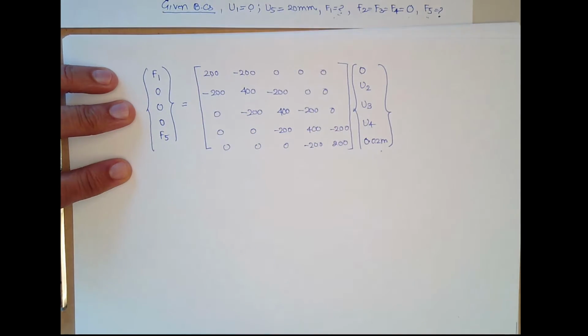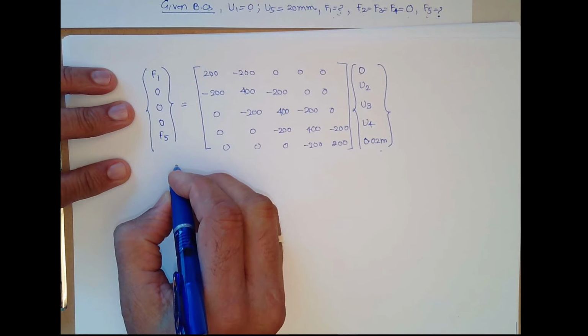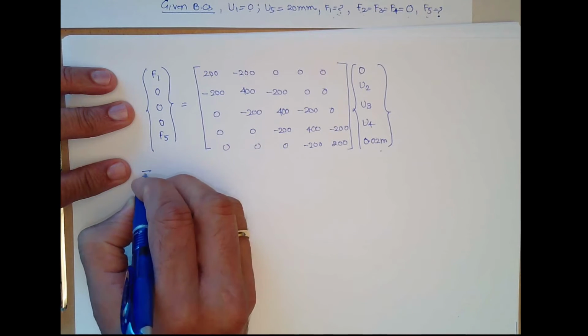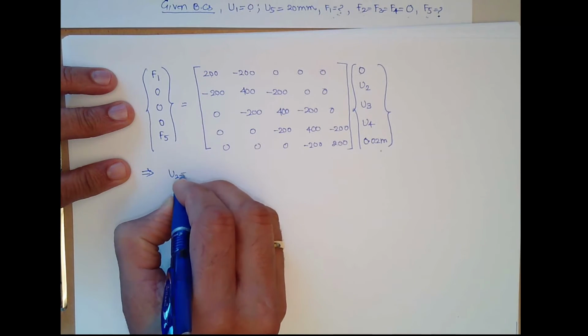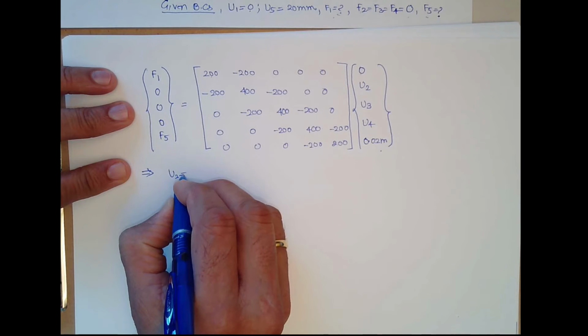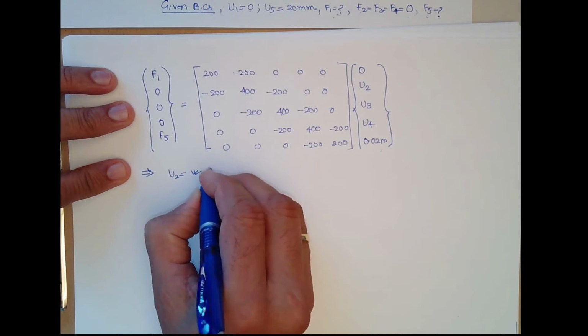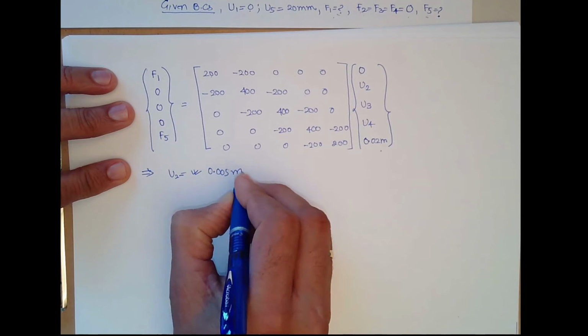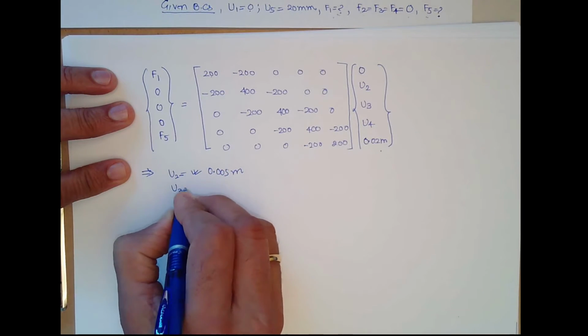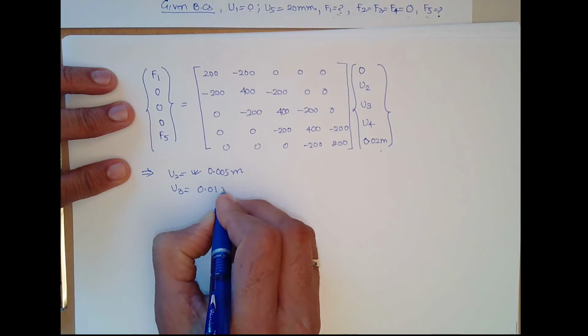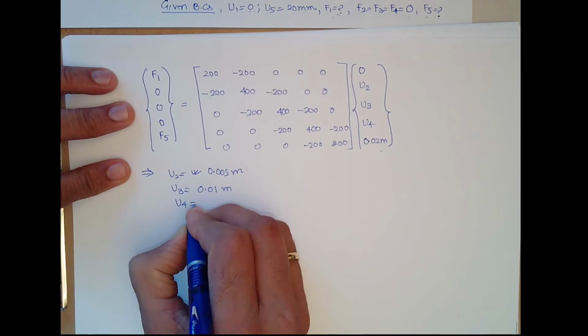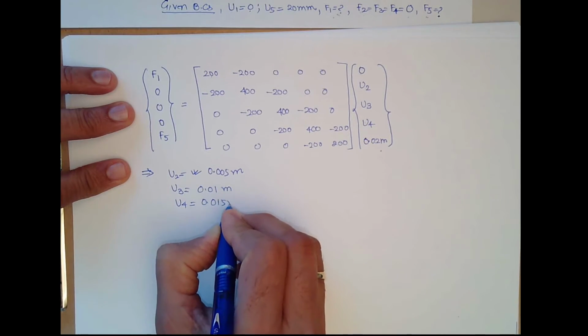Anyhow, I have to solve these equations, and you solve it by matrix manipulation. This gives you u2, which is coming at 0.005 meter. You solve it, u3 is coming at 0.01 meter, and u4 is coming at 0.015 meter.